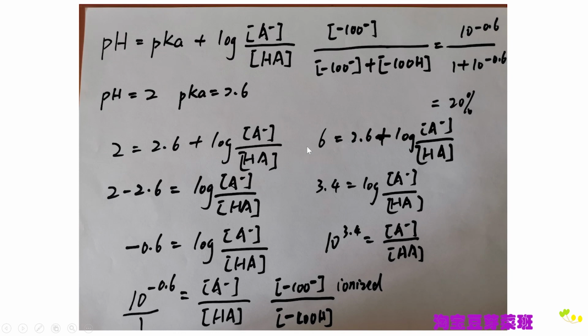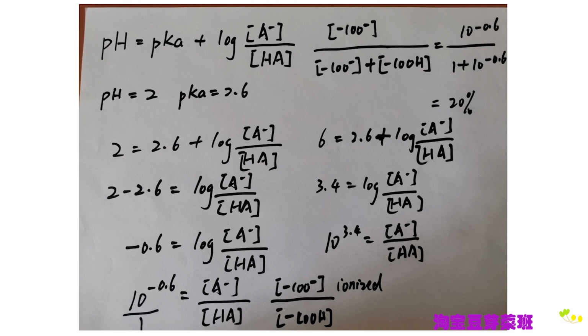Okay, we take pH equals 6 as an example. We just plug in the numbers, pH equals 6 and pKa equals 2.6, and we do a rearrangement. We get the ratio of ionized form to unionized form, so it's 10 to the power of 3.4.